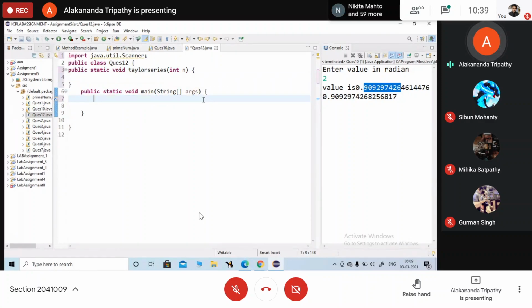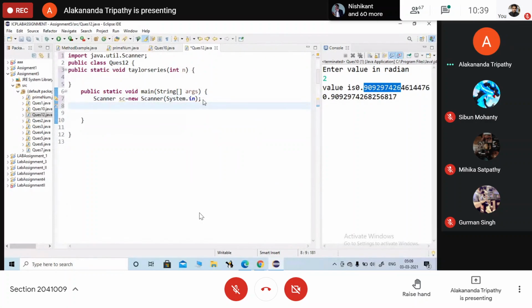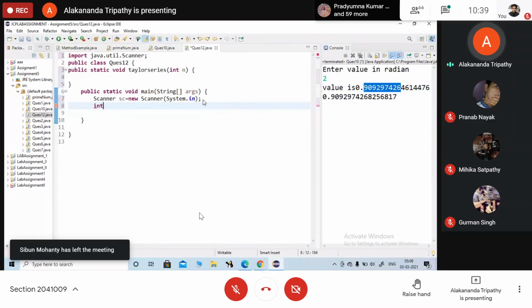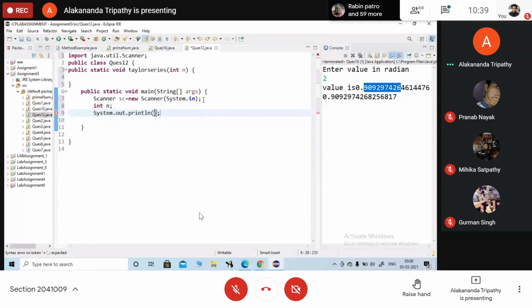So the user is going to input the value. Scanner sc equals new Scanner(System.in). So if you are going to take the value in integer, int n equals the input. Okay, here we are going to find out the infinite series, isn't it?